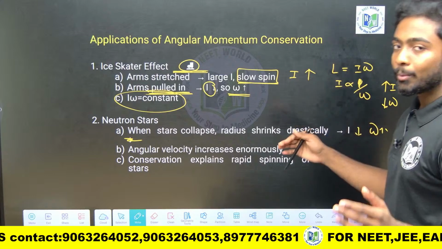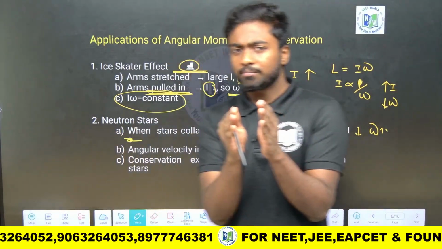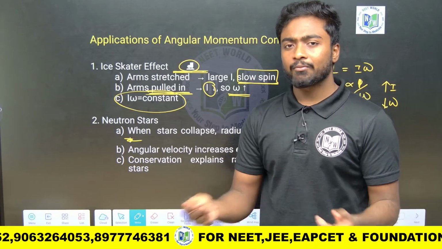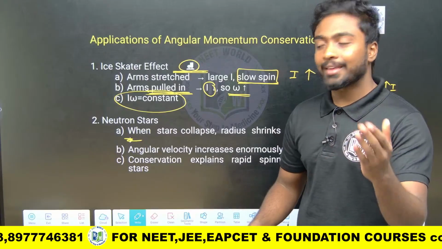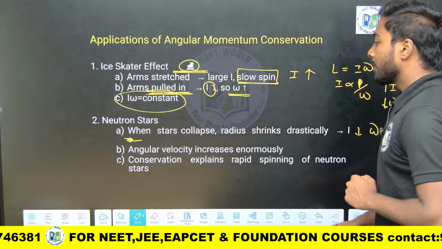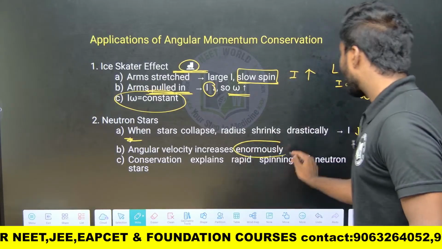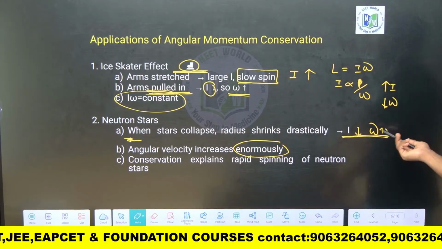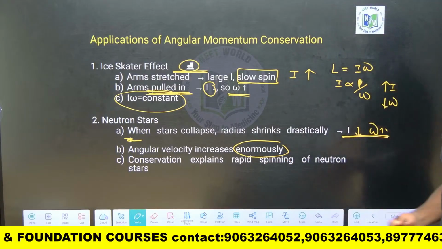Coming closer, moment of inertia decreases and angular velocity increases. Going away, moment of inertia increases and angular velocity decreases. Angular velocity increases enormously, that's what I told. See here, angular velocity increases. So conservation explains the rapid spinning of neutron stars.